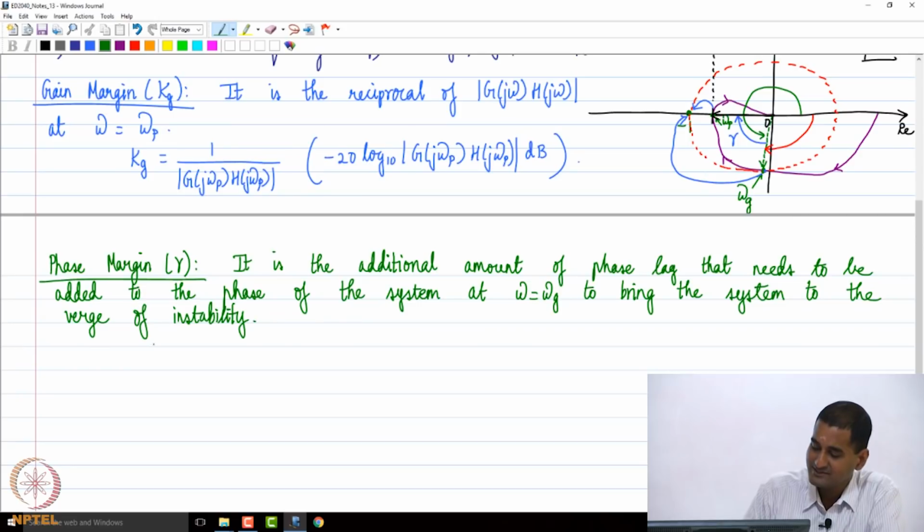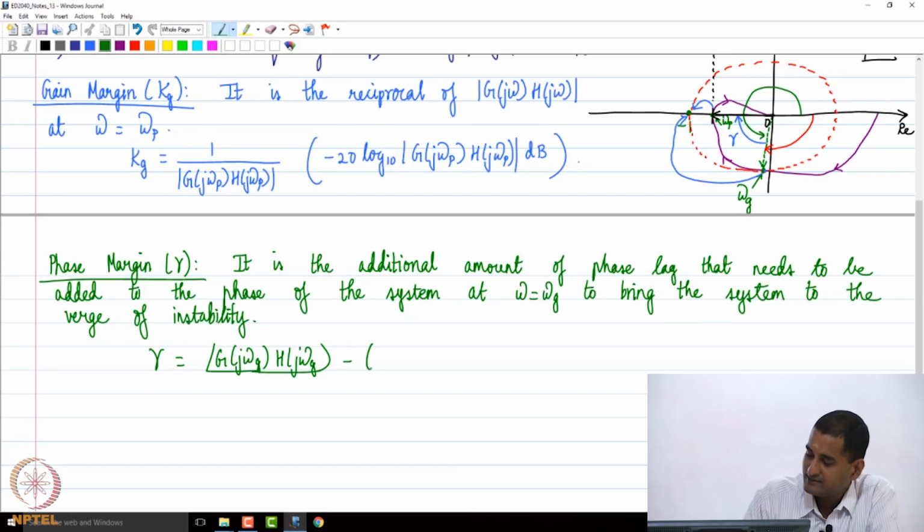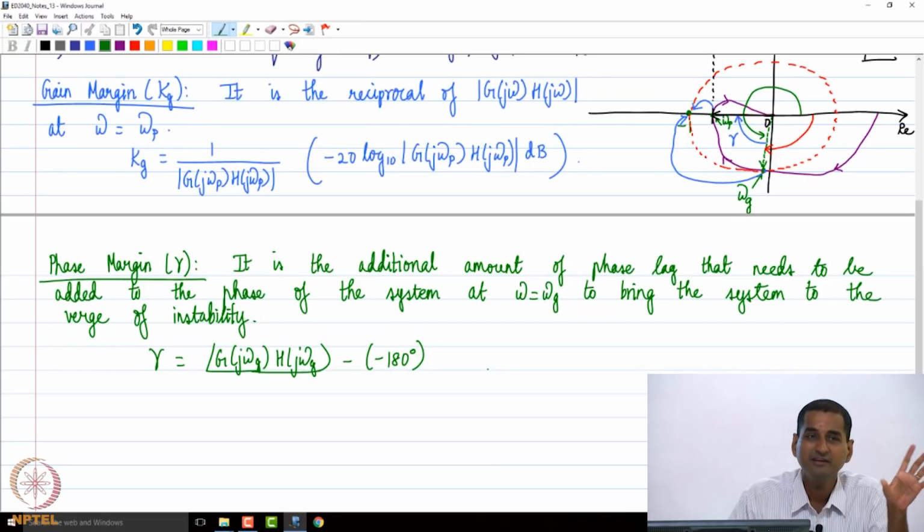So how do we calculate this? The expression for gamma is this way. Essentially we calculate the phase of the open loop transfer function at the gain crossover frequency. Please remember that. And subtract it from minus 180, because typically we deal with proper transfer functions. The phase of the open loop transfer function is by and large going to be negative.